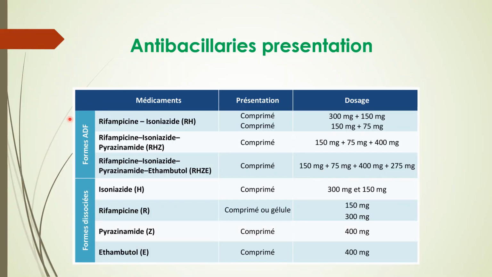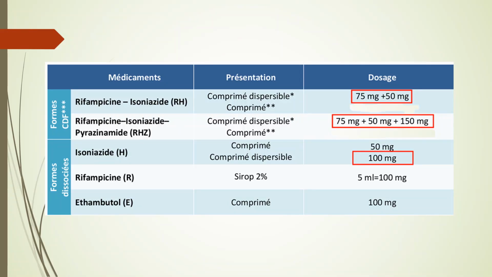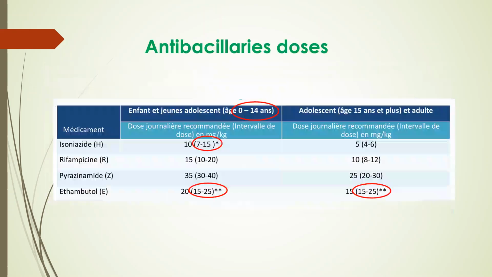And for the combined forms, we could have the combination of rifampicin and isoniazid, the 3 drugs rifampicin, isoniazid, and pyrazinamide, or even the 4 drugs: rifampicin, isoniazid, pyrazinamide, and ethambutol. Those are the doses for the children that you are going to see in pediatrics.